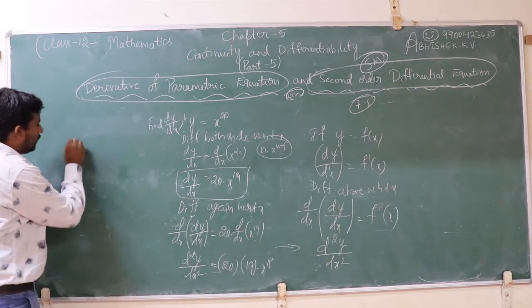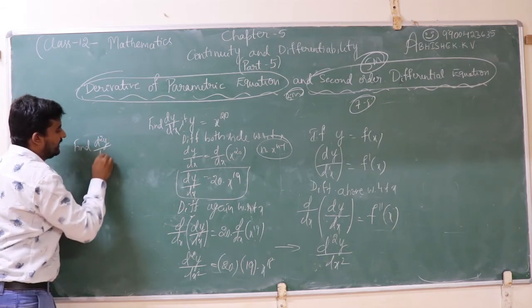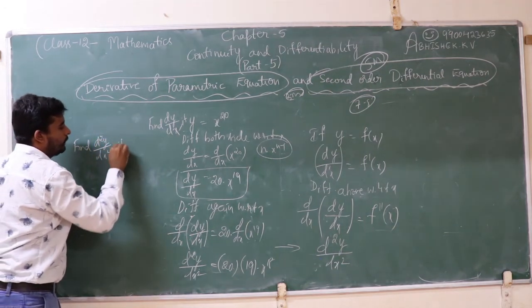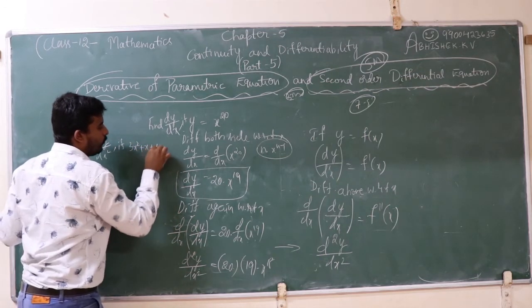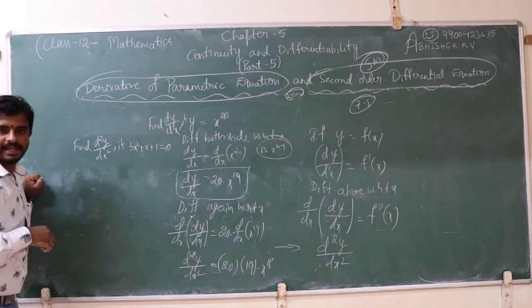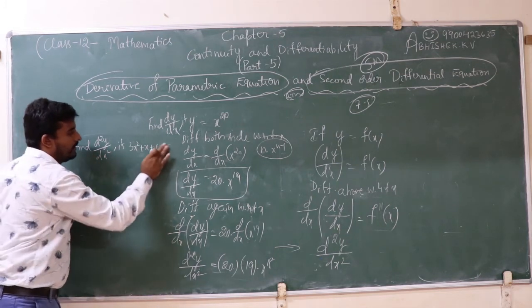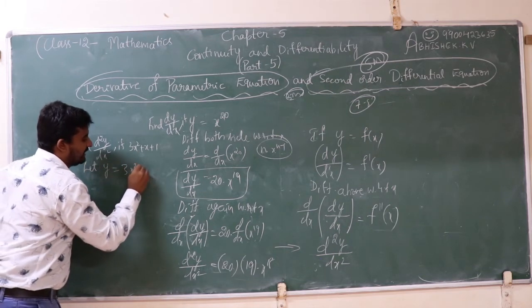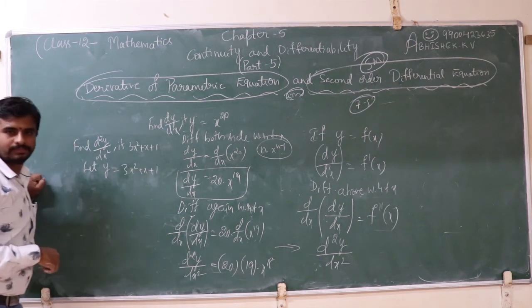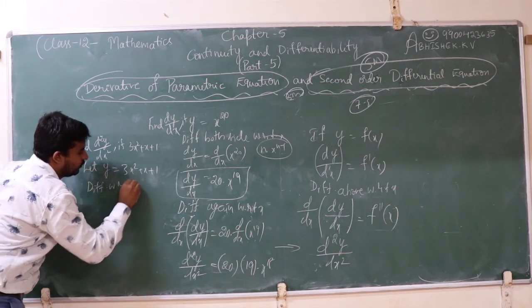If the examiner asks you to find d square y by dx square of 3x square plus x plus 1. Let y is equal to 3x square plus x plus 1. Then differentiate with respect to x.